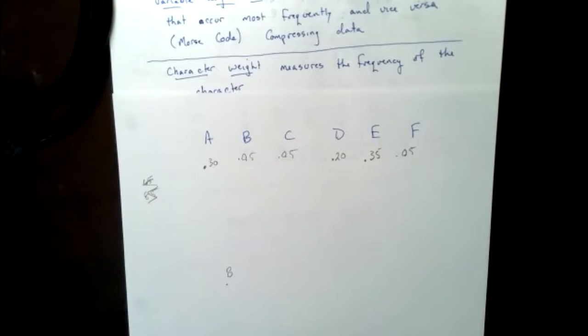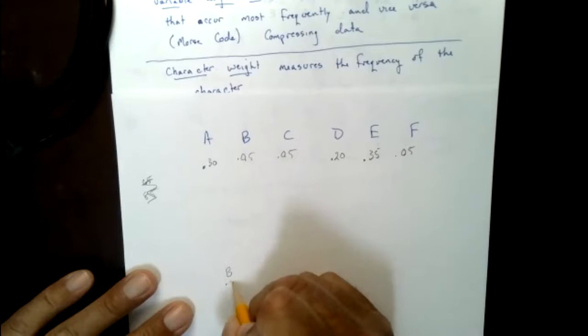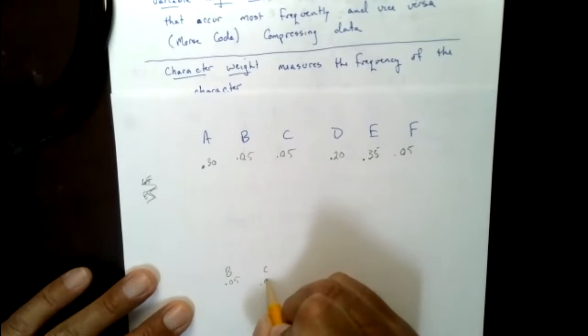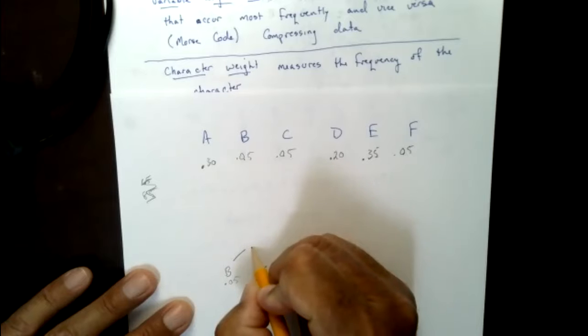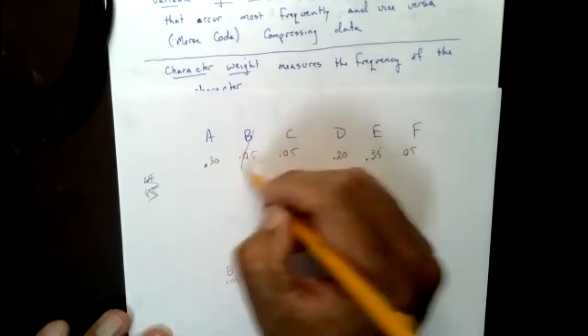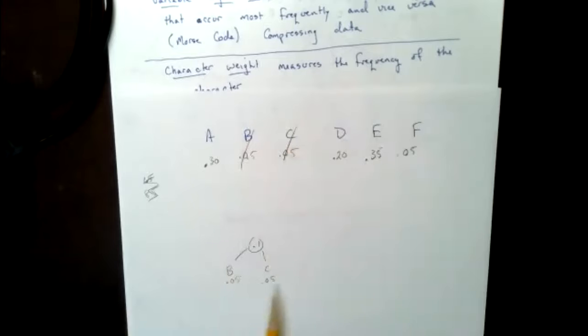I was waiting to see if anybody caught that. 0.05, and I'm going to pick, let's just go with C, 0.05, and I'm going to combine these to get a 0.1. Now, B and C are off the table, but BC is now on the table.